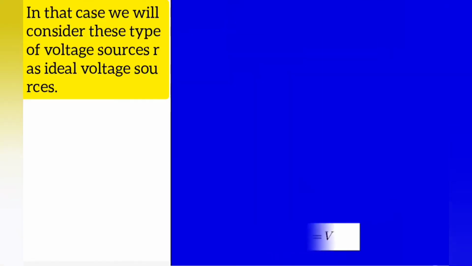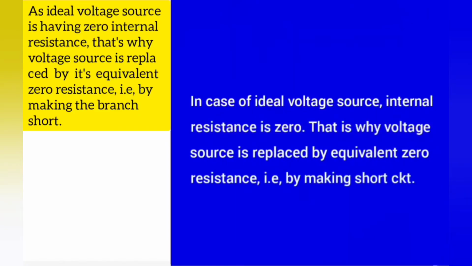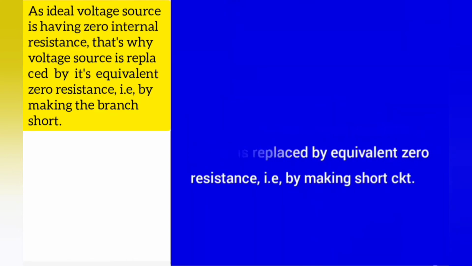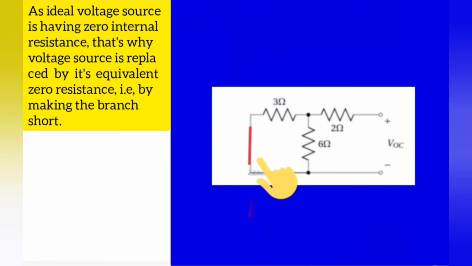In that case, we consider these voltage sources as ideal voltage sources. As an ideal voltage source has zero internal resistance, the voltage source is replaced by its equivalent zero resistance, that is, by making the branch short.